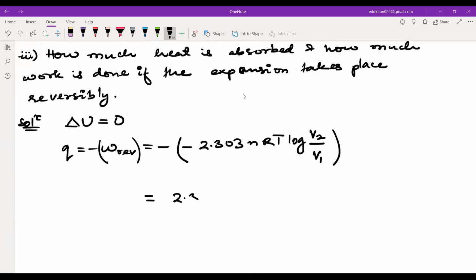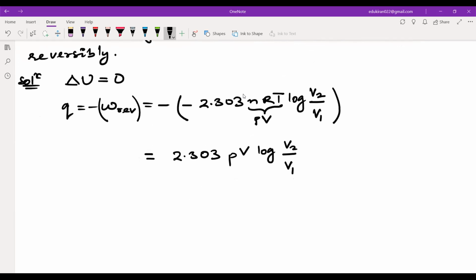It will become 2.303. And rather than writing nRT, we can write it as PV, because we don't have the number of moles and all. Okay, so we can write PV. So this will be 2.303 PV log V2 upon V1. In this case, you will be writing the initial pressure, right? What is the initial pressure? 2.303 into 10 atm into the volume.